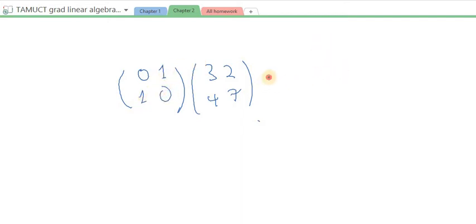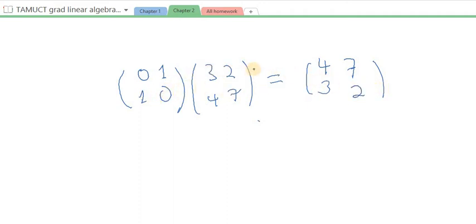Now, the usual process of matrix multiplication: the first entry here is going to be 0 times 3 plus 1 times 4, which is 4. Then this row times this one gives me 0 times 2 plus 1 times 7, 7. This one's going to be 1 times 3 plus 0 times 4, which is 3. And then the next one's going to be 1 times 2 plus 0 times 7, which is 2.